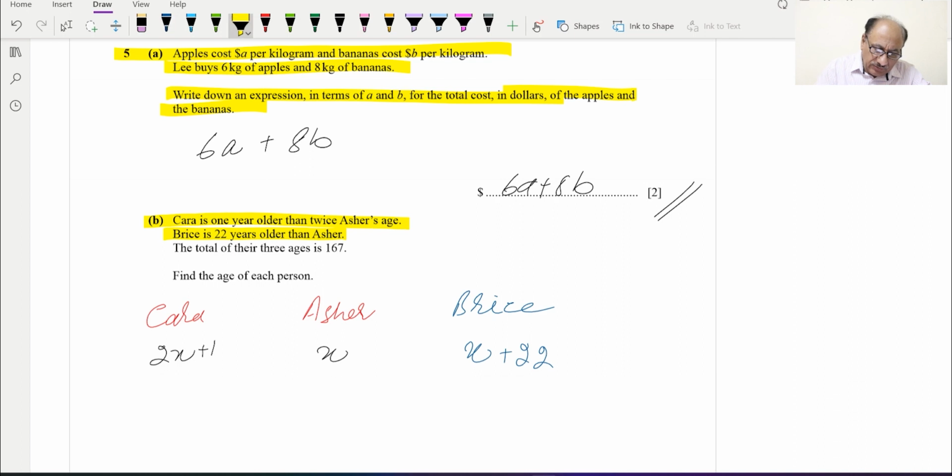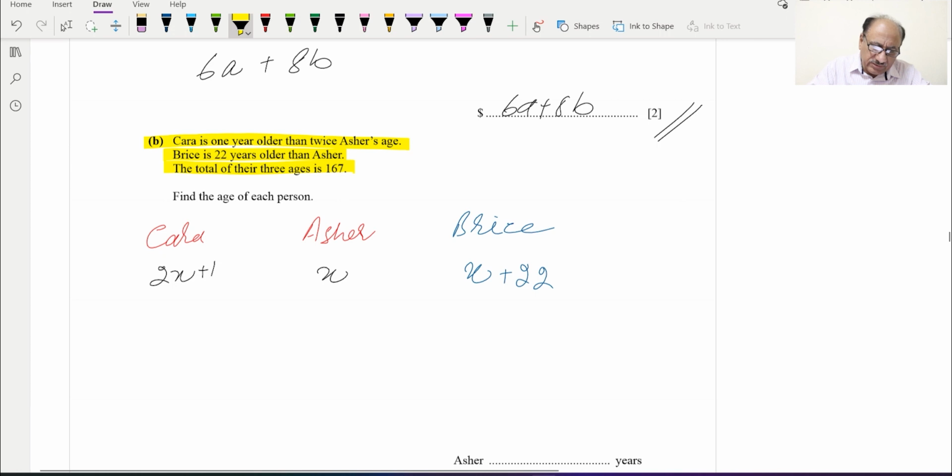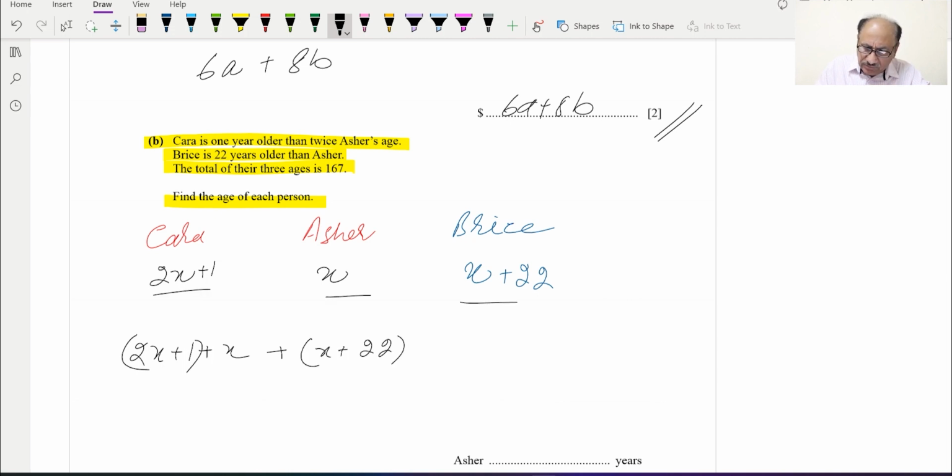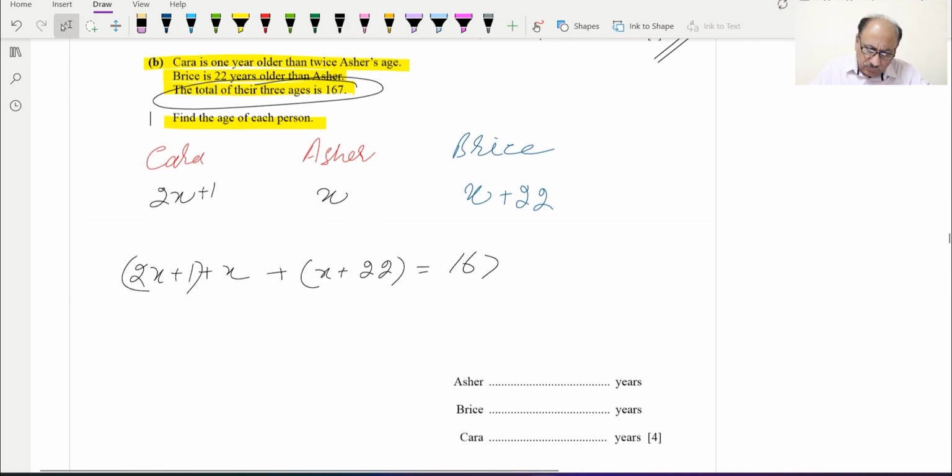And then they are saying the total of their three ages is 167. Find the age of each person. So the total we can calculate: 2x plus 1 plus x plus, I'll put brackets so that you can understand properly, (x plus 22). So we have added all three and then equated to 167 as mentioned in the question. So 2x plus x plus x will be 4x.